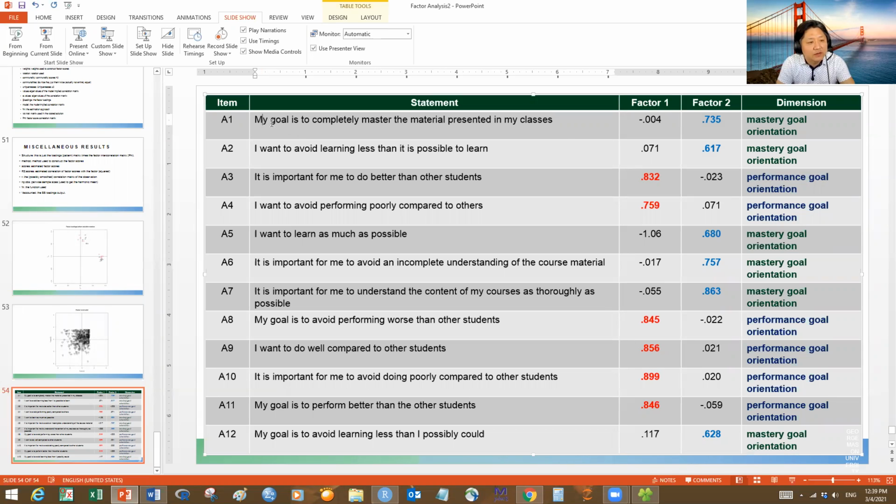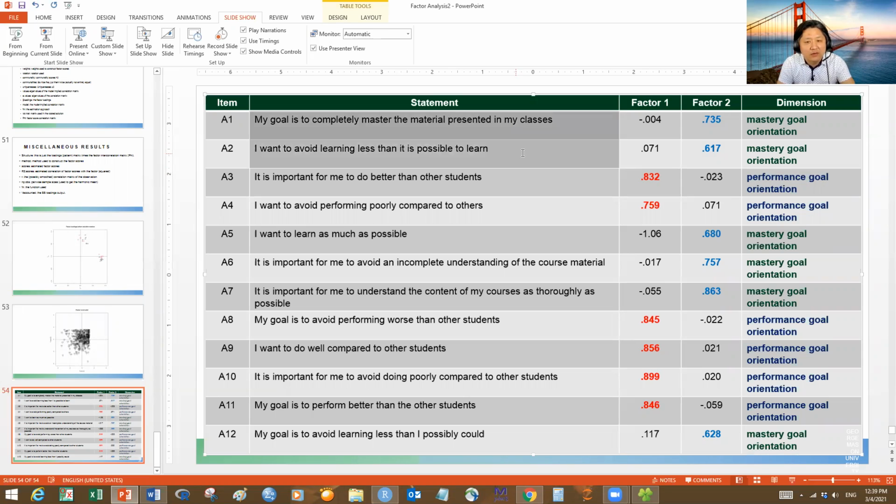Look at this: my goal is to completely master the material presented in my class; I want to avoid learning less than it is possible to learn. They are common factors. So how would you name this common factor? I said this may be a mastery goal orientation factor because these items are measuring the same construct, so you need to find the common name.